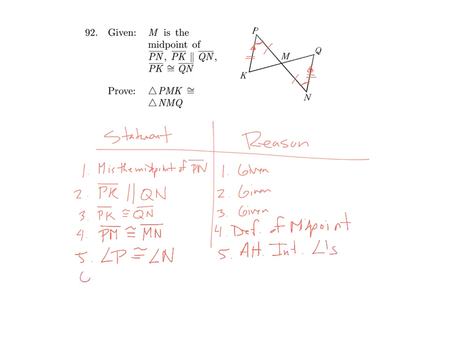They're congruent. And now I can say that the triangles are congruent. By what reason? SAS. Done.